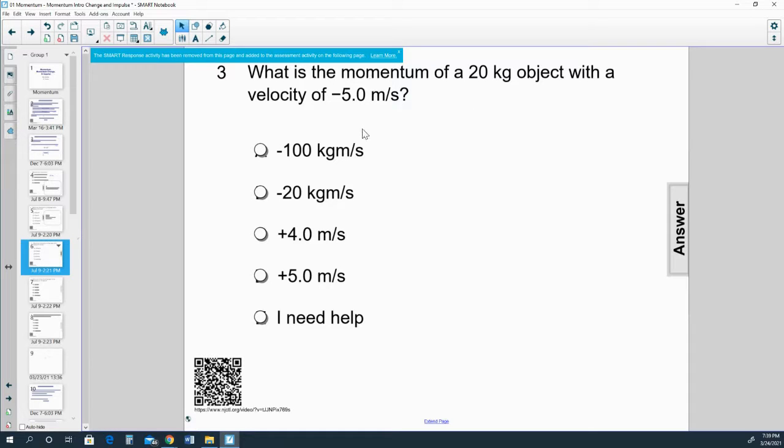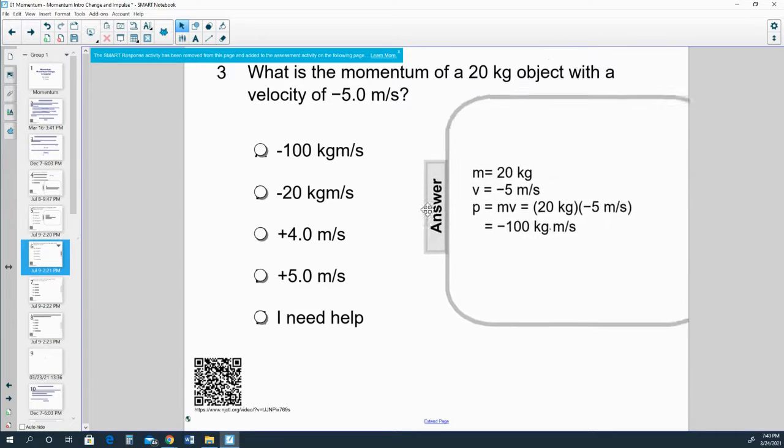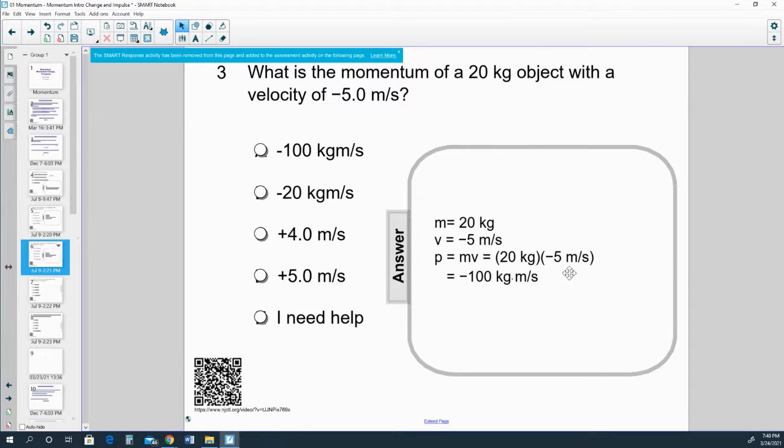This is a negative direction. The magnitudes are the same as the previous problem. However, velocity is negative, and since velocity is negative, momentum will also be negative. The momentum will match the direction of the velocity. So for this one, it's negative 100 kilograms times meters per second.